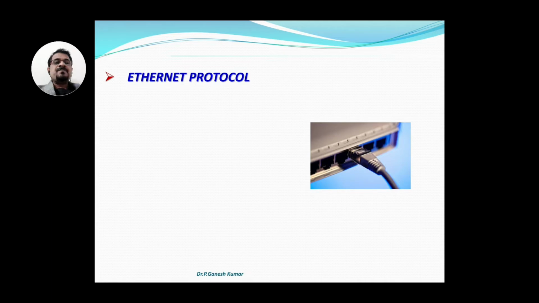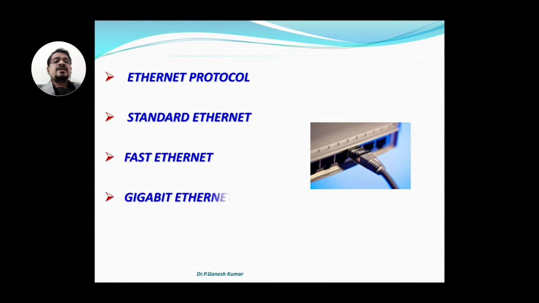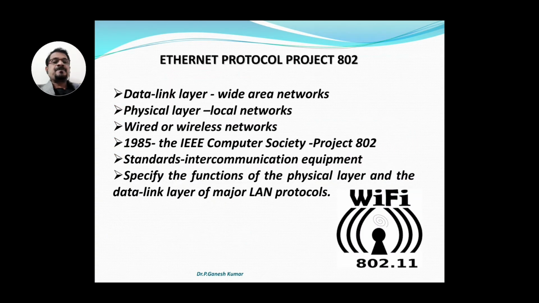First we are going to discuss what an Ethernet protocol is, and then what a standard Ethernet is, because there are standard Ethernet, fast Ethernet, Gigabit Ethernet, and 10 Gigabit Ethernet. We will see all of these in this class.